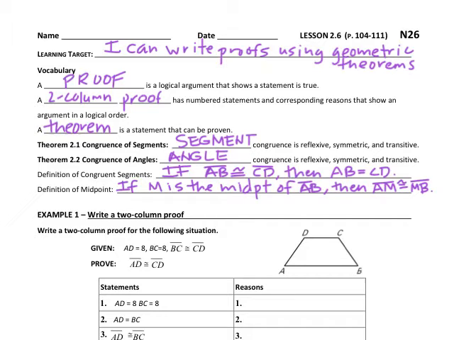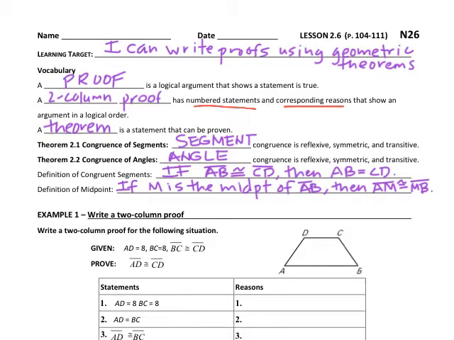Those reasons have to do with all of the different properties that we're talking about in each of the diagrams. There's going to be some specific reasons, definitions, things like that that we can use to prove that statements are true. So this 2-column proof has numbered statements and corresponding reasons that show an argument in a logical order.